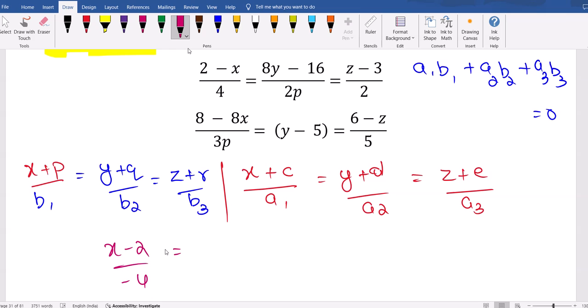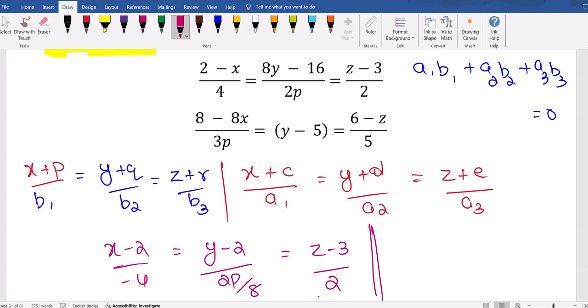Here that 8 can be sent below. Y minus 2 is 2p by 8. I take 8 common, that 8 sent below. It's like x plus c, y plus d format. Next, this is perfect. Z minus 3 divided by 2, no disturbance with that.